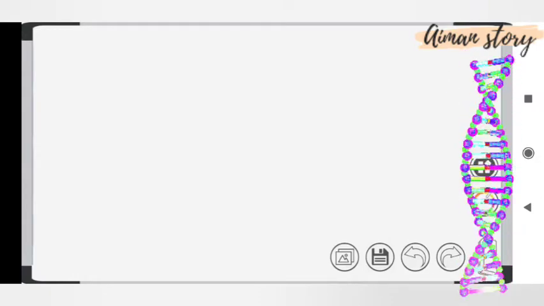In the previous video, I already mentioned the introduction to nucleic acids that consist of DNA and RNA, but for this video I only want to explain briefly about the model of DNA, suggested by James Watson and Francis Crick in the 1950s, very long ago.